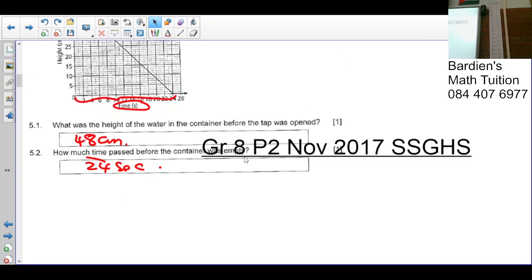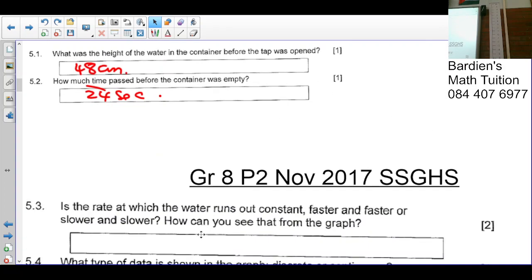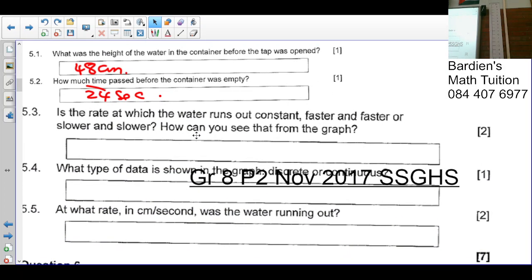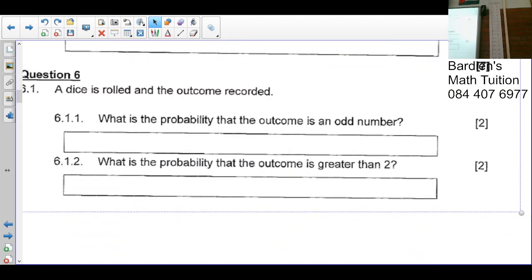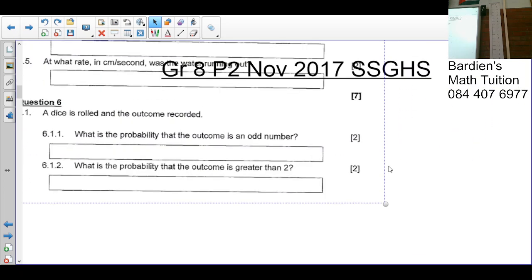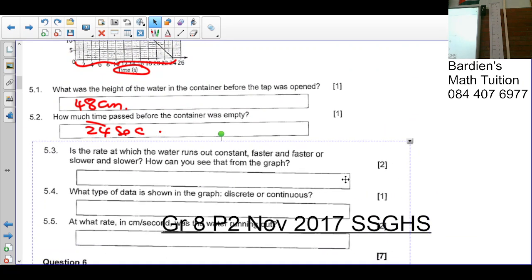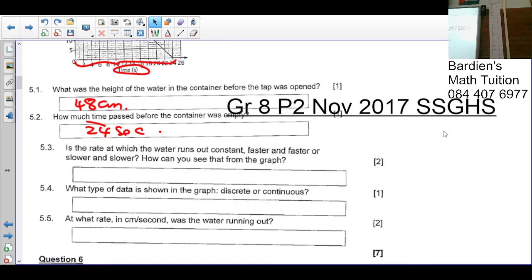Let's carry on. Let's see what's the next question. Is the rate at which the water runs out constant, faster and faster, or slower and slower? How do you know it's constant? The line is straight. Okay, well done. So it is constant. The answer is constant.